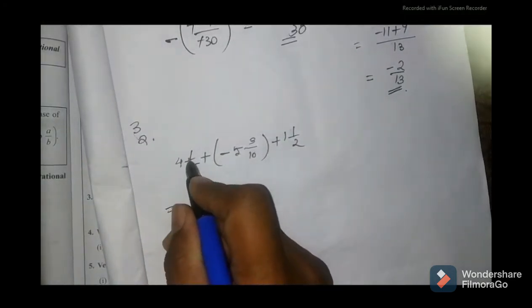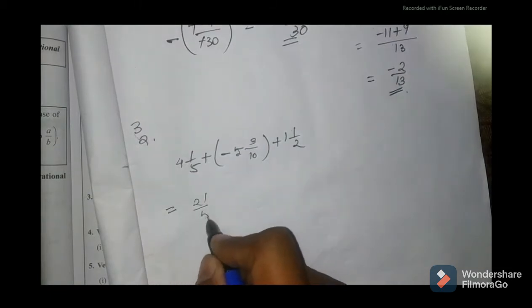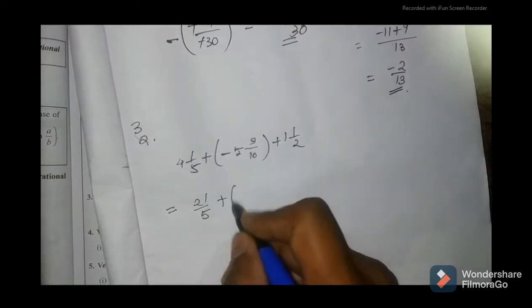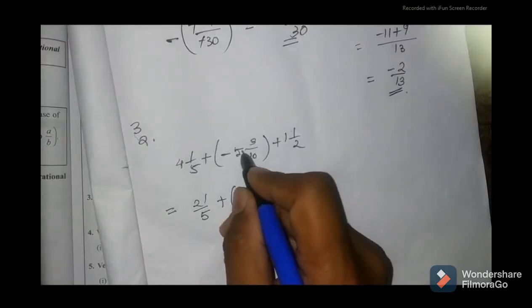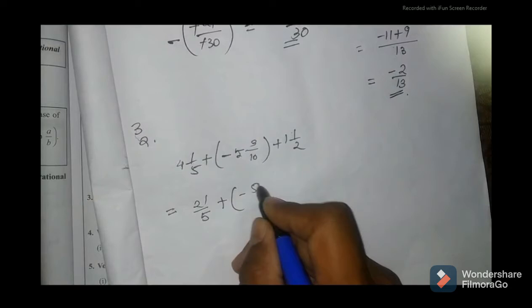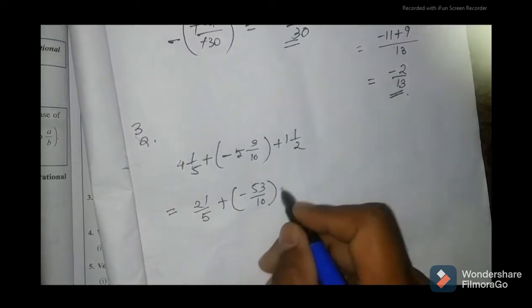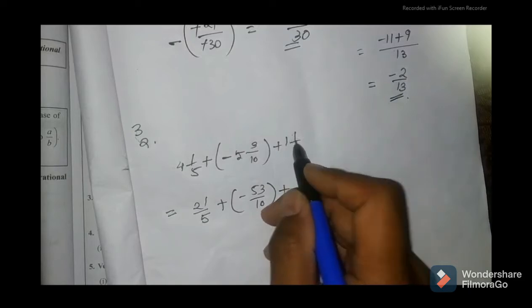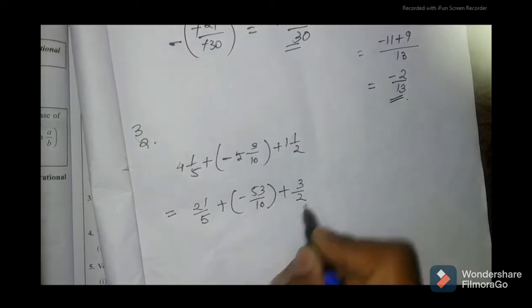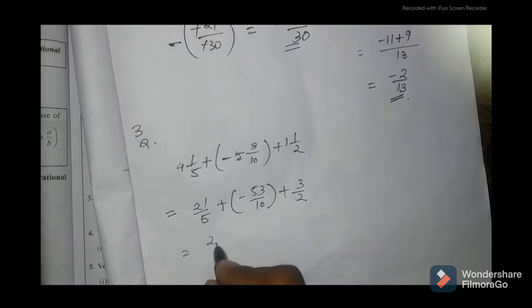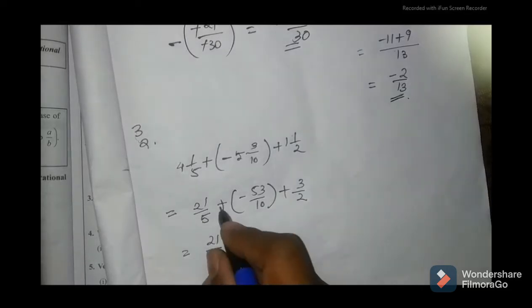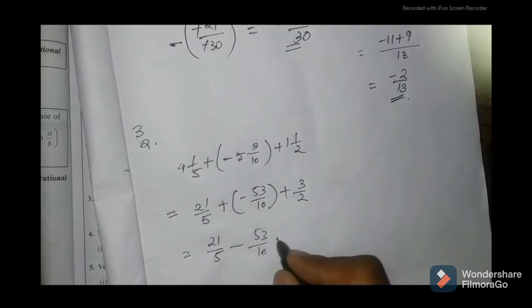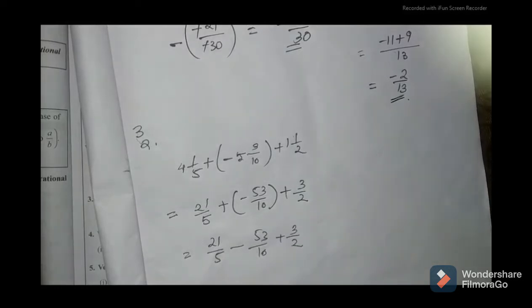Here 5 into 4 is 20, 21 by 5. Then 5 into 10 is 50, 50 plus 3, minus 53 by 10. Plus 1 into 2, 2 plus 1, 3 by 2. Now 21 by 5, plus minus becomes minus 53 by 10 plus 3 by 2.